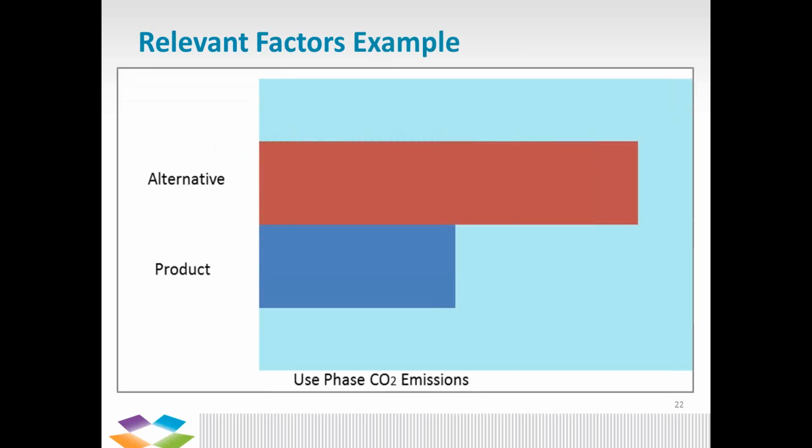So just to use an example we've used before, if you're looking at CO2 emissions, you might look at a specific product in the use phase, and when you're comparing your product to an alternative, maybe the alternative produces twice as much CO2 during the use phase. Well, when we look at that, we would say, is that material? And what we would say is, there's certainly a material difference between CO2 emissions in this phase.